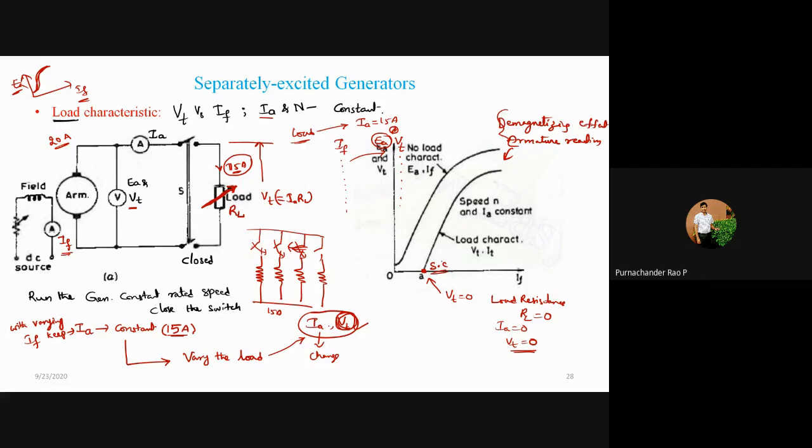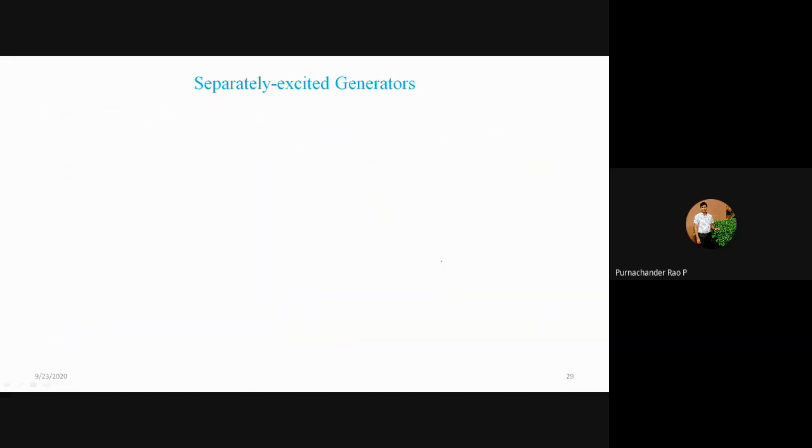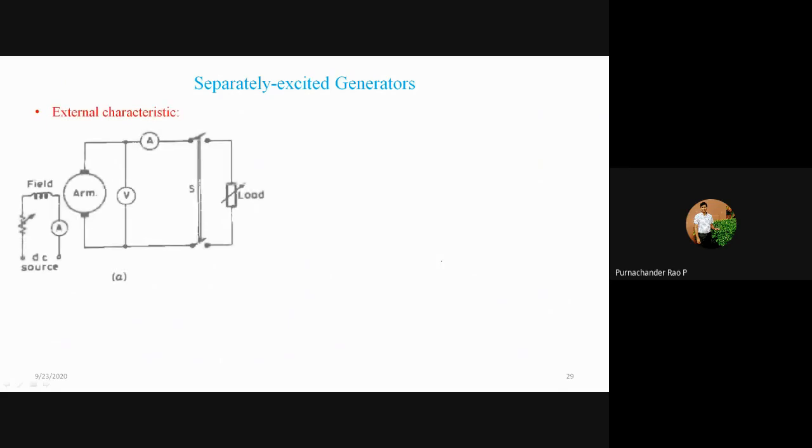Now, next we'll move on to the next characteristics, which is the external characteristics. And this is the circuit diagram for external characteristics.